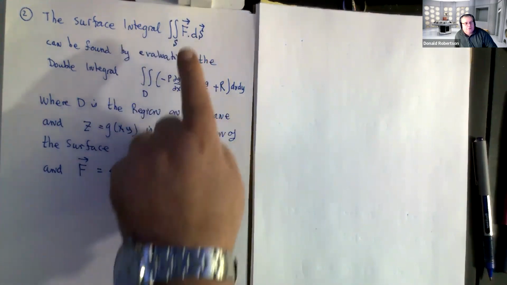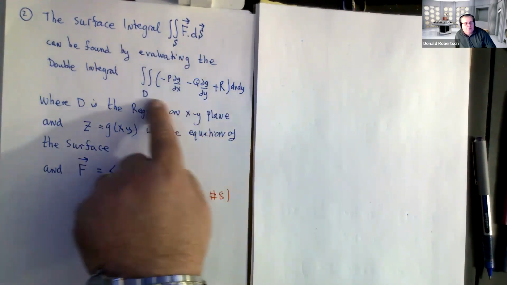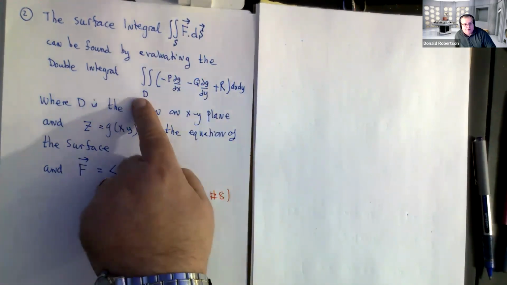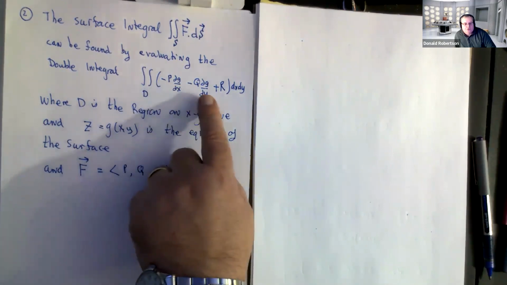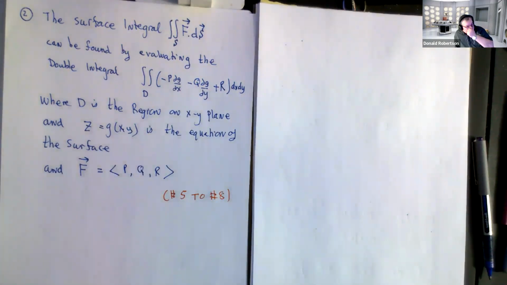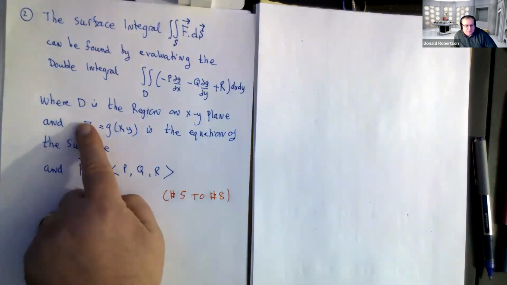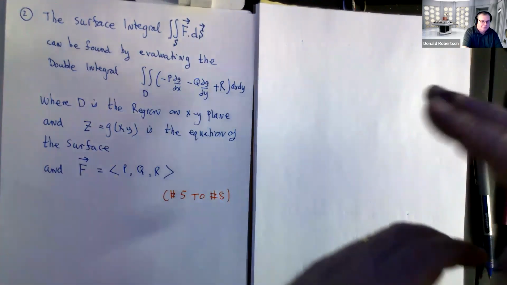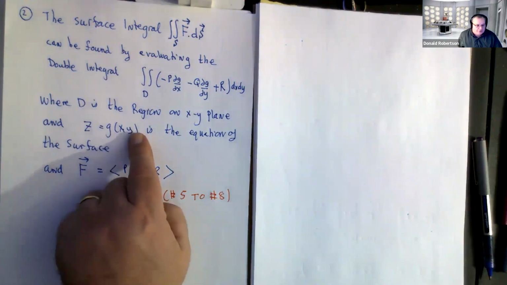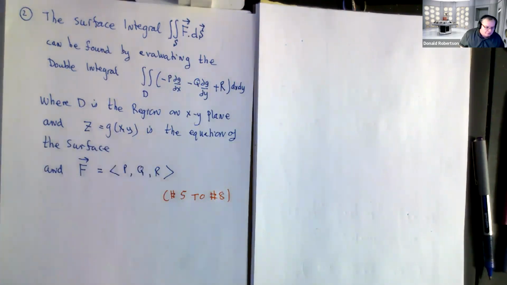This surface integral can be evaluated by this formula. It's still a double integral. The region D is the same as it was before, but look, no more square roots, which actually makes life 10 times easier. D is the region on the floor that's projected upwards to meet the surface. z is the equation of the surface.